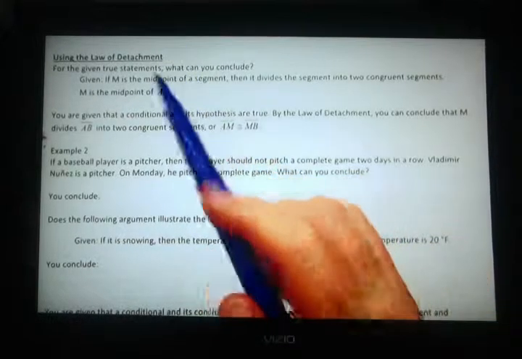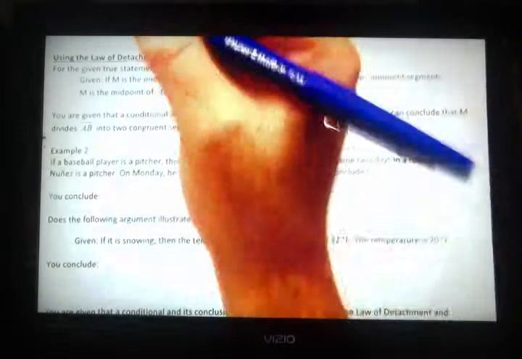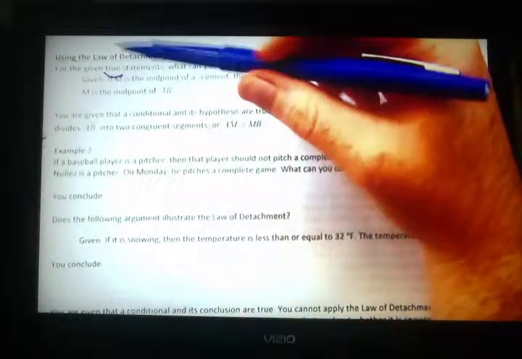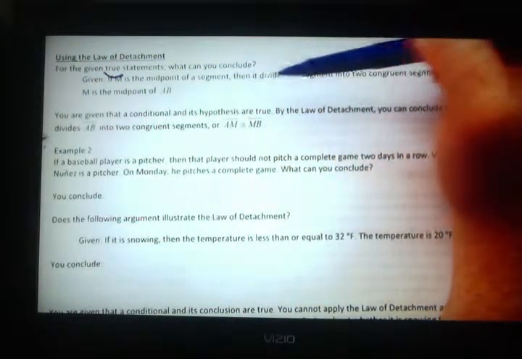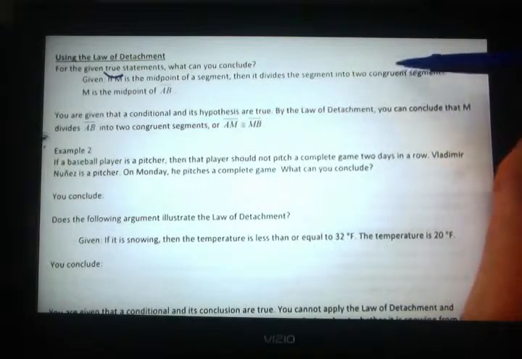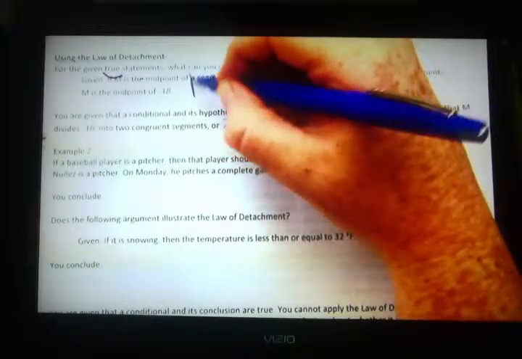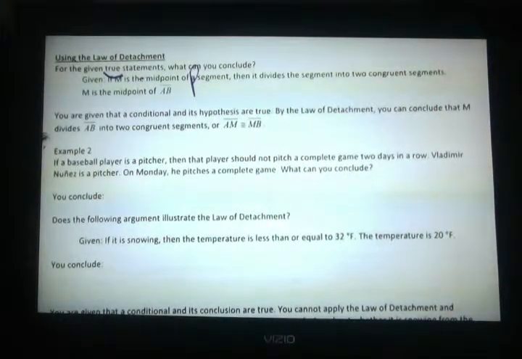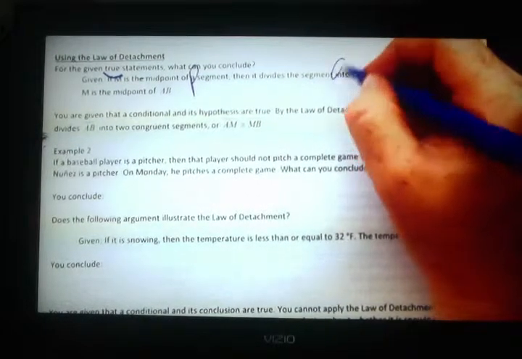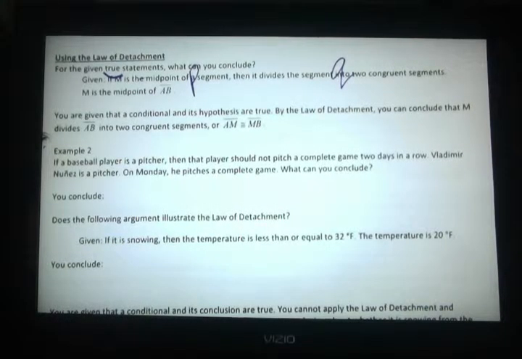Okay, so for the given true statements, what can you conclude? Okay, so you know it's true. Awesome. If M is the midpoint of a segment, then it divides the segment into two congruent segments. Okay, so if P, M is the midpoint of a segment, then Q, it divides the segment into two congruent segments. Okay, those are true.